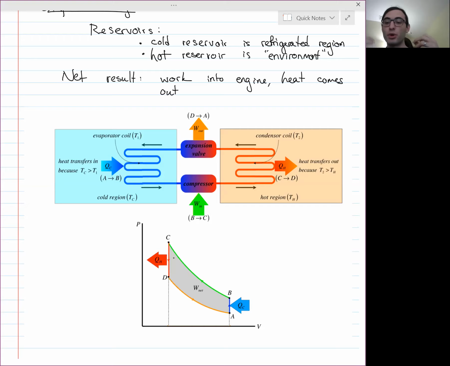Then you put it into another well-insulated system where it can expand adiabatically and give off work. Maybe that work would be reused by some sort of generator to make this more efficient, but it cools off without losing any heat. It cools off even more than the cold environment, because adiabatic processes can decrease temperature pretty dramatically.